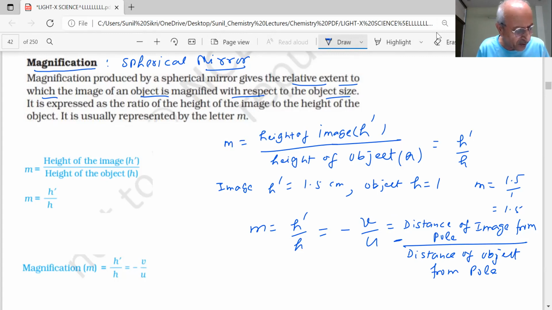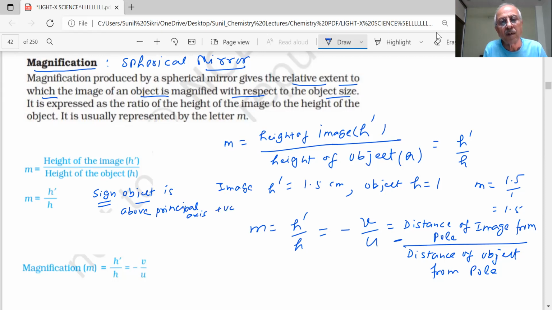So the height of the object is taken as positive if the object is placed above the principal axis. Okay? You know, sign conventions will apply. If the object is above the principal axis, what will be the sign? Positive.